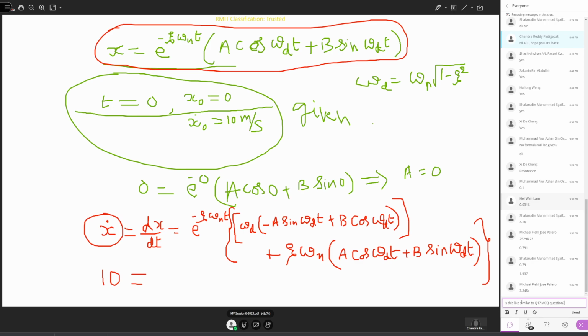So the first one we can write e power 0. Then we take the flower bracket, omega d we can write as it is. Okay, so a sine 0. Sine 0 is 0, so the whole thing is a sine 0, plus b cos 0.